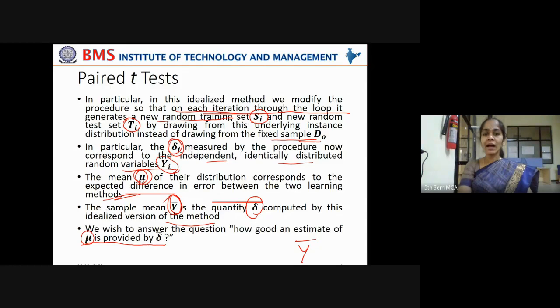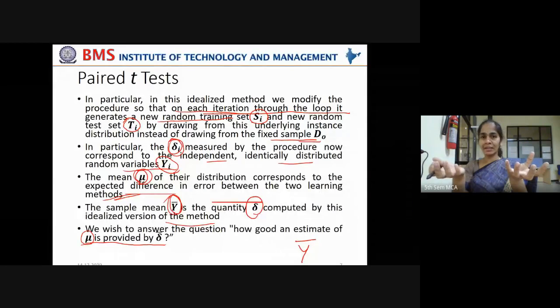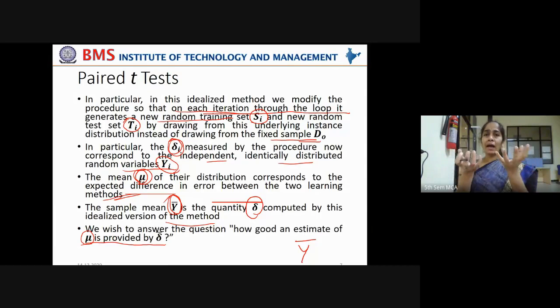Did you see? Our problem now took a proper shape. I'm explaining again. You have taken a new sample. Now you are partitioning it each time into training set and test set, and you get some error with respect to learning algorithm A and with respect to learning algorithm B. What is the difference in the errors for the first experiment?